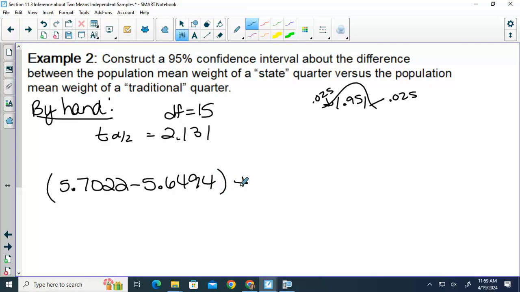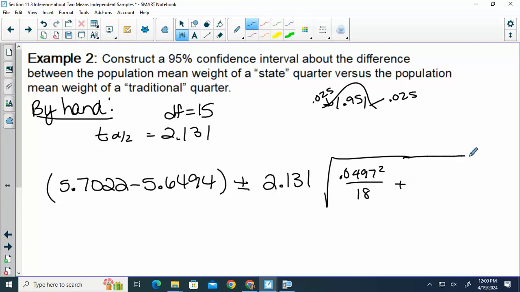And then we do plus and minus the t alpha over 2, which was 2.131, times the square root. Normally we just have one standard deviation, but here we have two. So the first squared over the n for the first, plus the second squared over the n for the second.